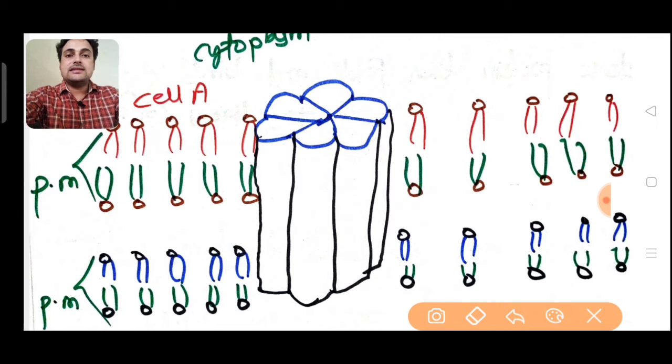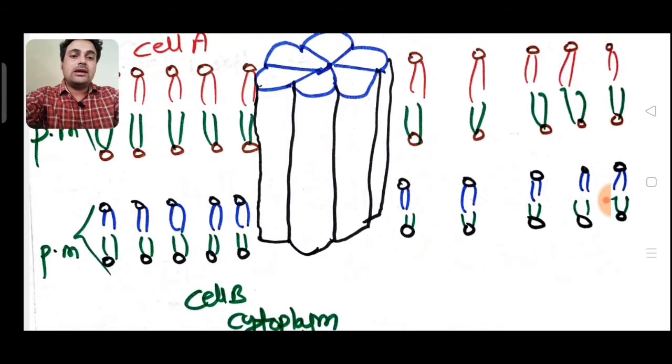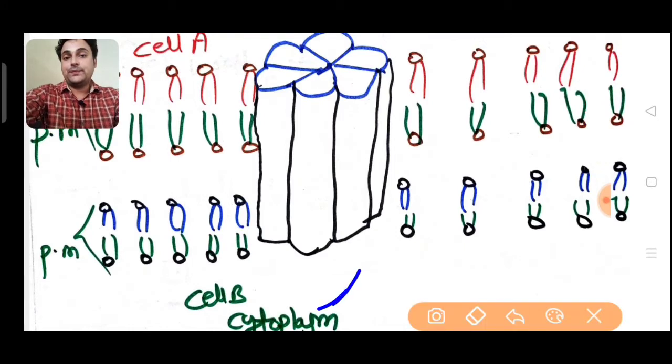As you can see, this is the cytoplasm of cell A, and here is the cell A plasma membrane, and on the lower side this is cell B, and this is the cytoplasm of cell B. So here is your cell A plasma membrane, and here the cell B plasma membrane.